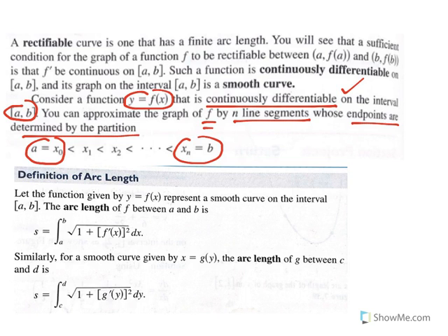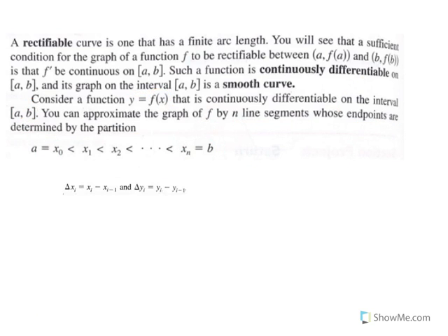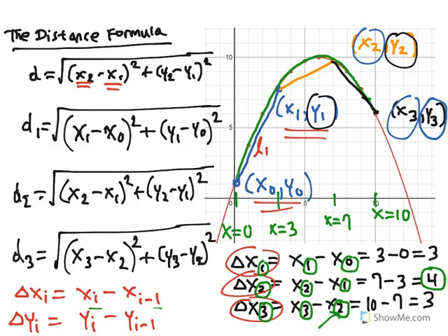So now let's continue reading. And you will see this, delta x sub i is equal to x sub i minus x sub i minus 1, and delta y sub i is equal to y sub i minus y sub i minus 1. And of course, we just talked about that and why that is the case and what that means.